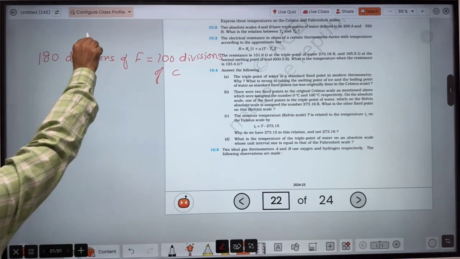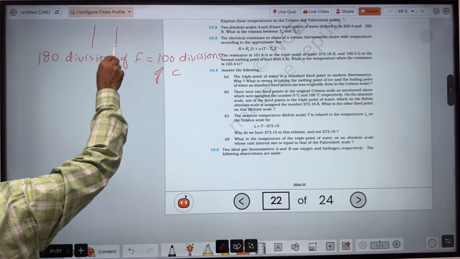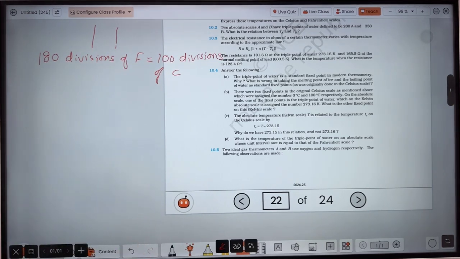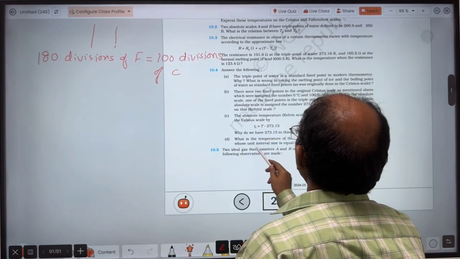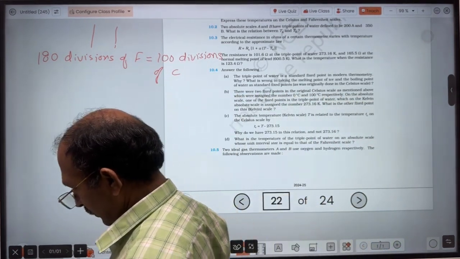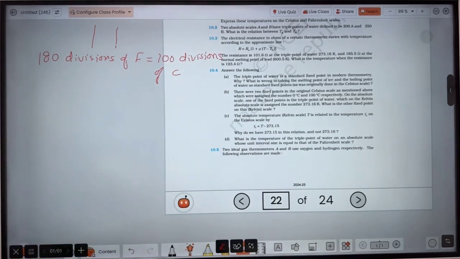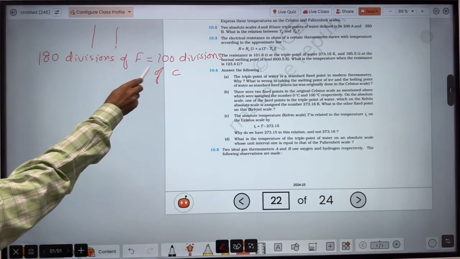Because they represent the same height even if the divisions are different.